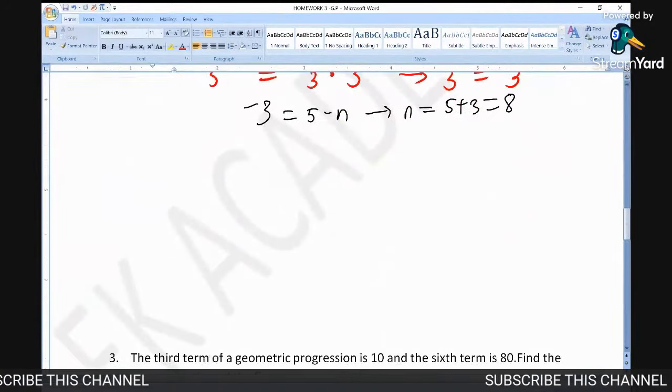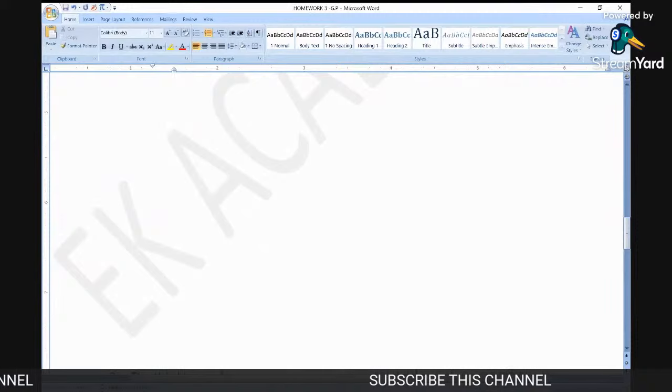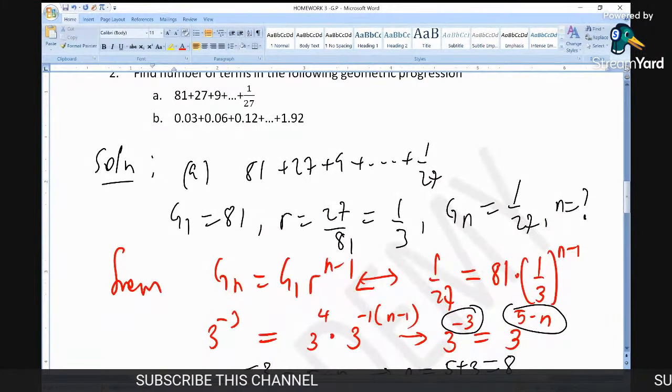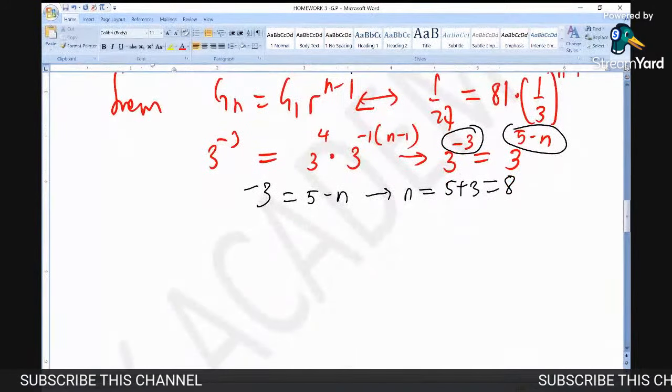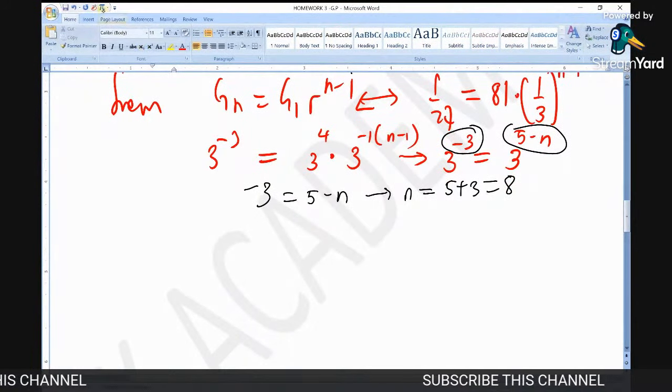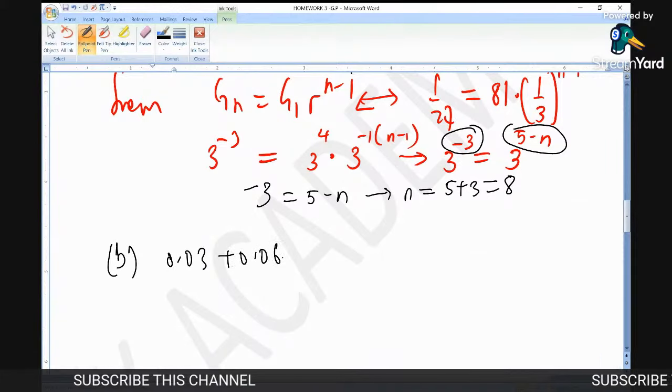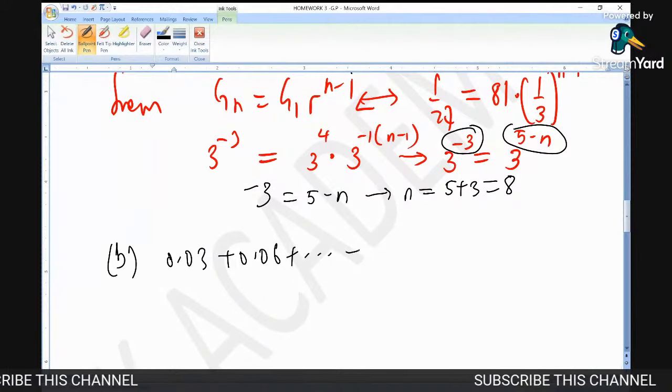We go to the second part. For part B, we have 0.03 plus 0.06 plus, it goes like that, to plus 1.92.